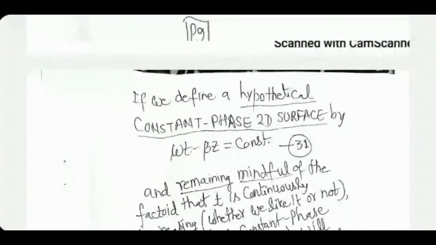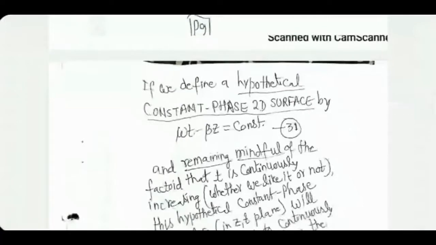This will determine the speed at which the constant phase surface will travel. It's a very convoluted way of looking at it, but please bear with me. This constant phase surface is also known as wave front.